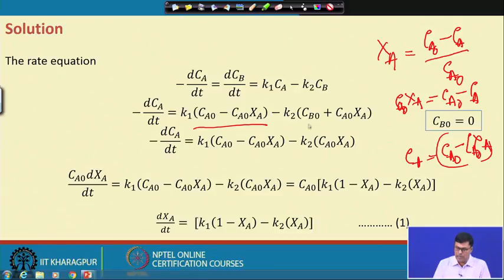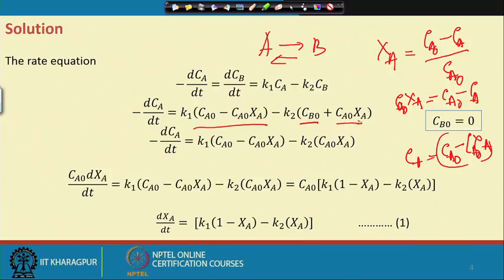Now, in case of B, the situation is a little bit different. Whatever A is converted to B, Xa is converted, so Ca0 into Xa is what is converted to B. So this will be Cb0 plus Ca0 into Xa.